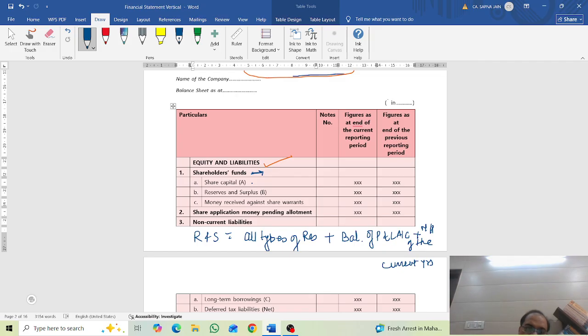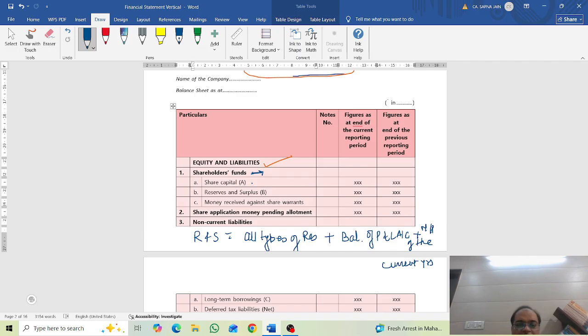Now the second part under equity and liability is share application money pending for allotment. For PGDM or BBA purposes, this is not very important or relevant. But what is share application money pending for allotment?